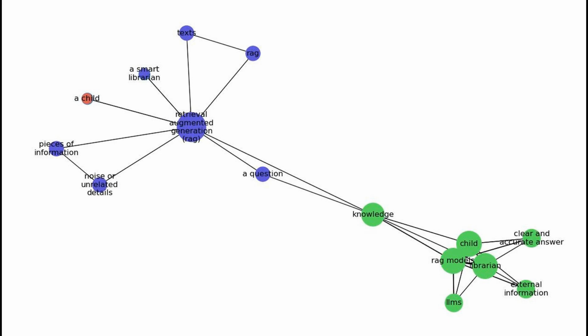This is like a librarian reading through the found books and picking out only the most helpful parts before sharing them with the child. This helps ensure that the child gets a clear and accurate answer to their question. Overall, RAG models are designed to help large language models become better at tasks that require a lot of knowledge by actively looking for and using external information rather than just relying on what they've already learned.